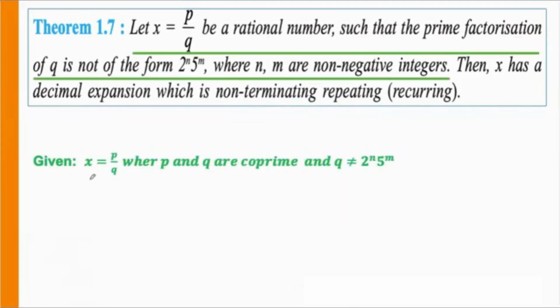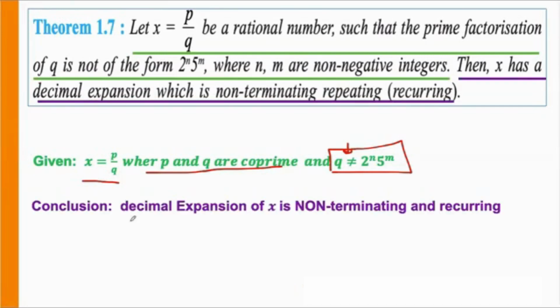So here it is given that x is of the form p upon q, and p and q are co-primes. q is not in the form of 2 raised to n, 5 raised to m. You can see it is not equal to this form. Then we conclude that the decimal expansion of x will be non-terminating and recurring.